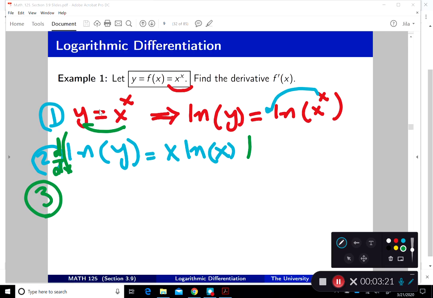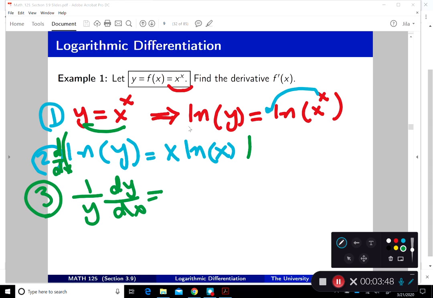So when I'm trying to take the derivative of natural log of y, I take the derivative of the outside, and when I take the derivative of the inside, I do it implicitly. So this would be 1 over y times dy dx.